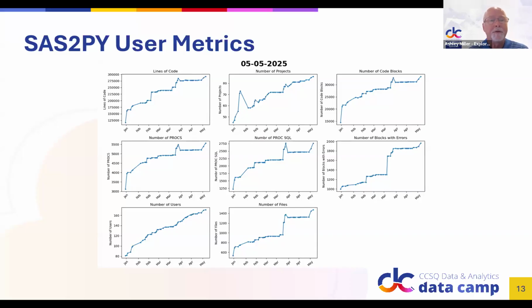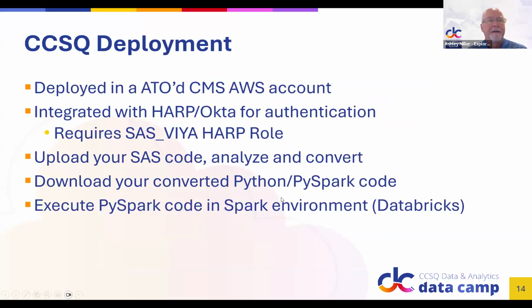We're showing here also the number of proc statements, and we're breaking the proc statements into the number of proc SQL statements as well. So these are metrics that we're collecting on how SAS2PY is actually being used. And next slide.